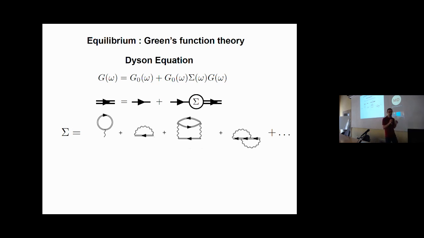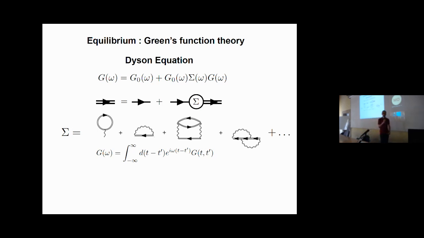But the important take-home message is that the self-energy, thanks to this power series, is a functional of the Green's function. So this means that the Dyson equation is closed, even if it must be solved self-consistently. Now let me say, what is G as a function of the frequency?